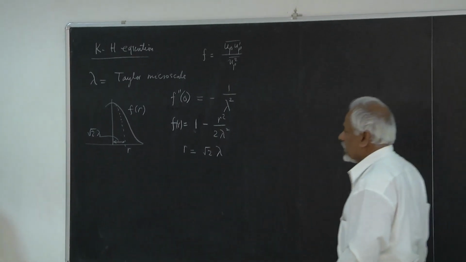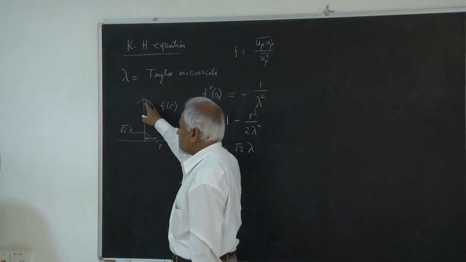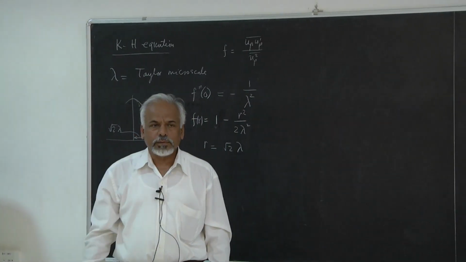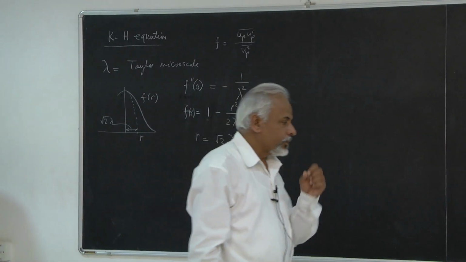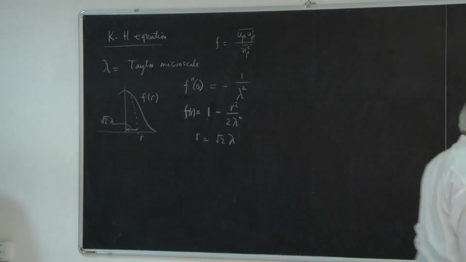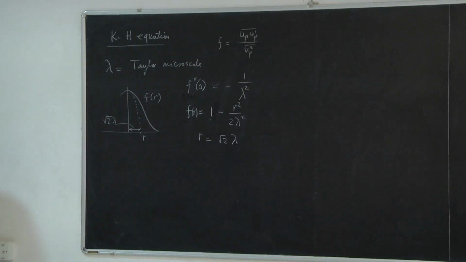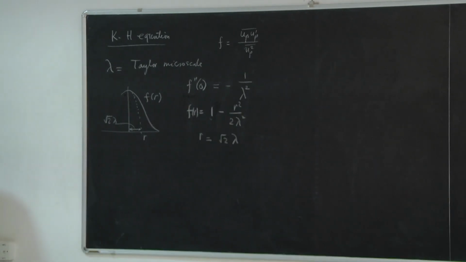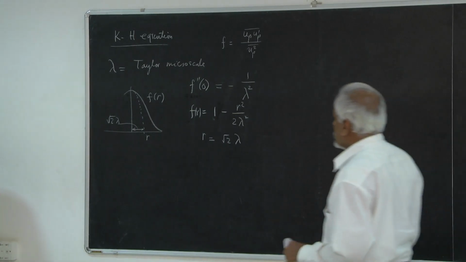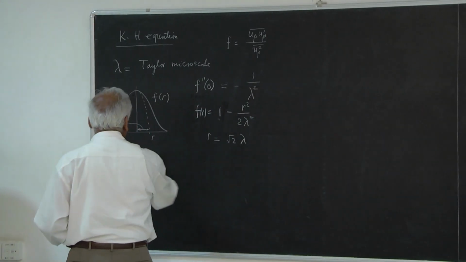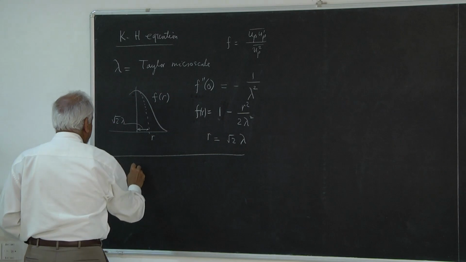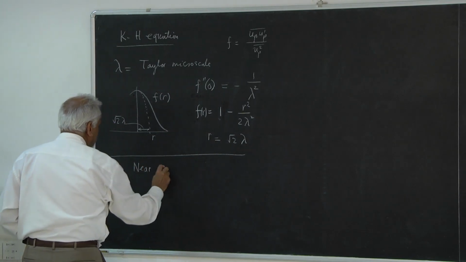Usually it is very hard to get the curvature right, so this is not the most preferred way of calculating lambda. Another way, I also mentioned this to you yesterday, is to consider the behavior of the Karman-Howard equation near r equal to 0.